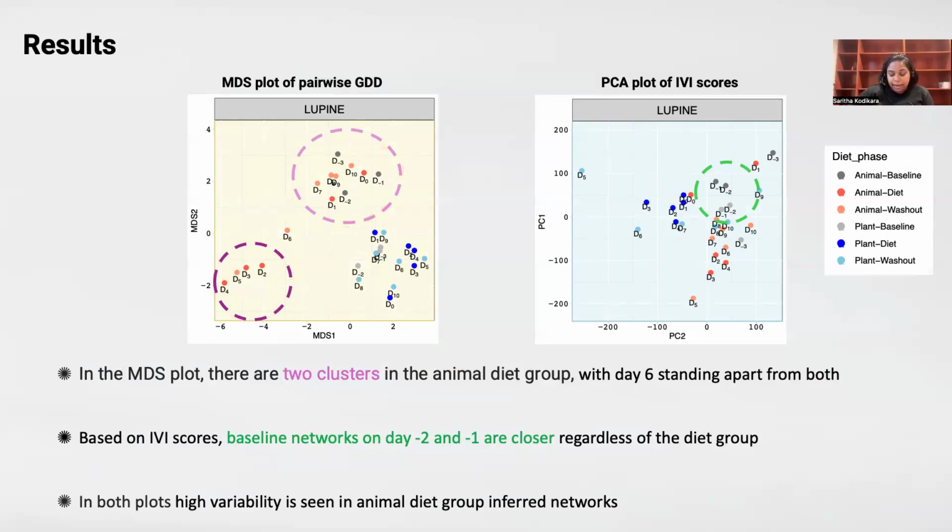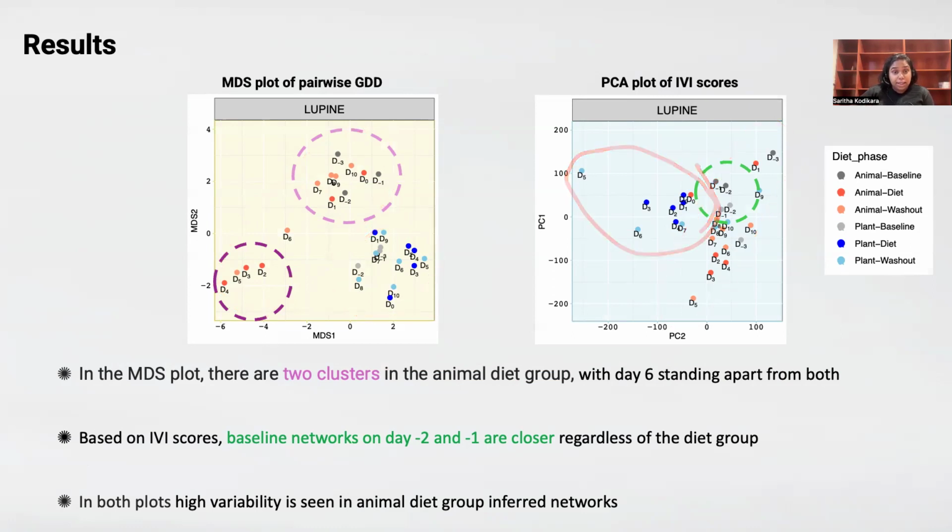You can see a similar thing here, but it's not that obvious. It's more like they're much closer than the two clusters here. But the commonality between these two plots is that you see a lot of variability in the animal networks compared to the plant-based networks.